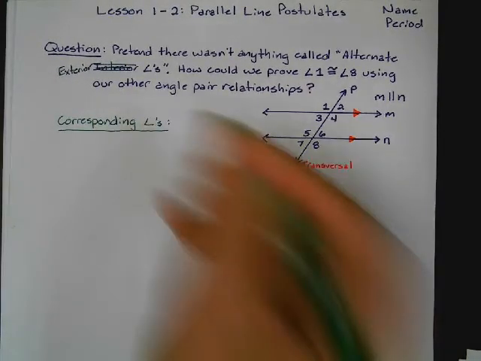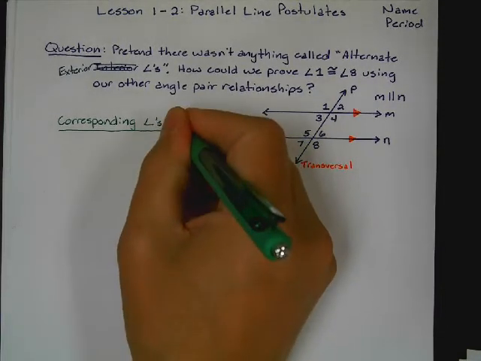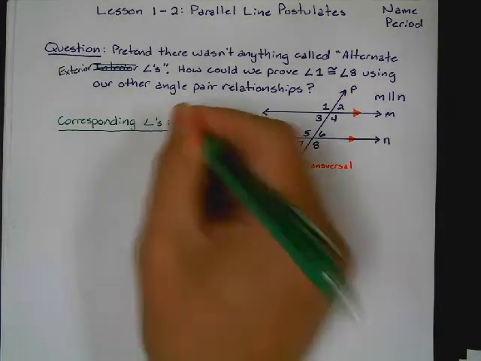All right, what's the definition of corresponding angles? Well, a few things have to be true for angles to be corresponding angles. The first thing that has to be true is it has to be the same side of the transversal.